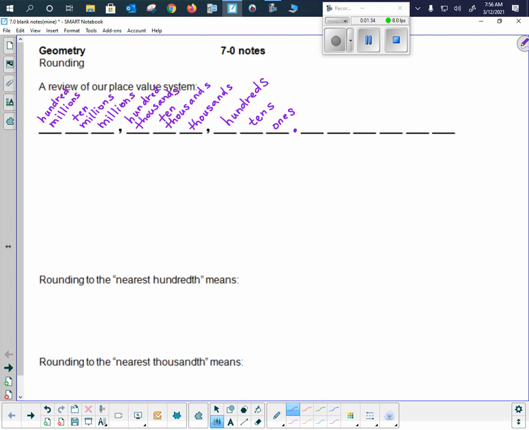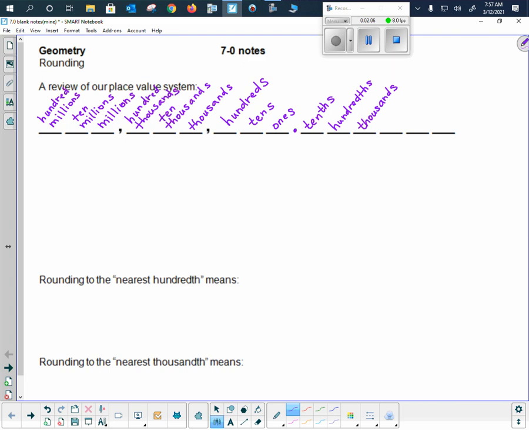All right, to the right of the decimal, the first place is called the tenths. Notice how it's spelled. Okay, it has THS at the end. So there's no ones place on the right. Other than that, it just kind of follows the pattern. So there's tenths. Next would be hundredths. Look at the spelling, THS. And then thousandths. So tenths, hundredths, thousandths.